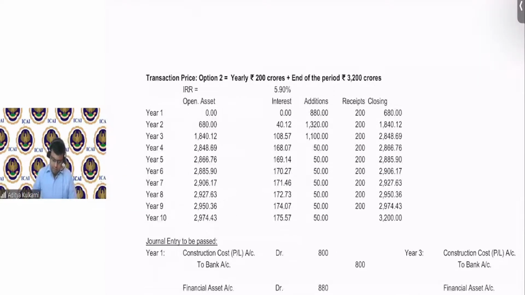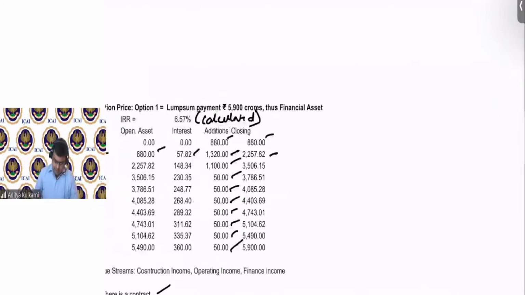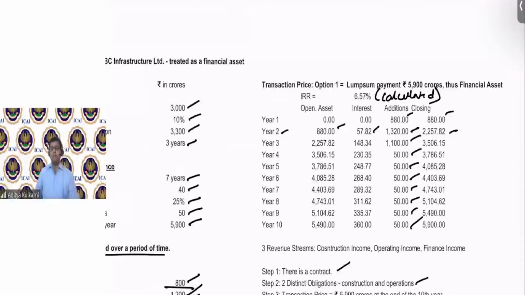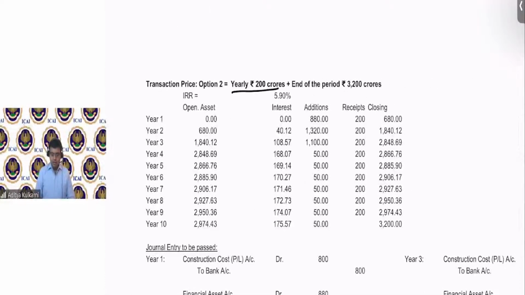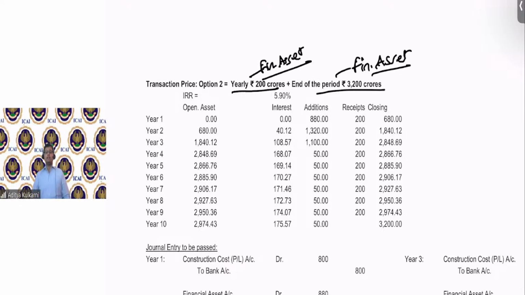On the contrary, you can either receive the amount as a single payout at the end of 10 years, or you can receive in between the period. See, yearly 200 crores, end of the period 3,200 crores. So anything is fine. Even this is a financial asset, because these are also defined amounts of cash that you are going to collect.